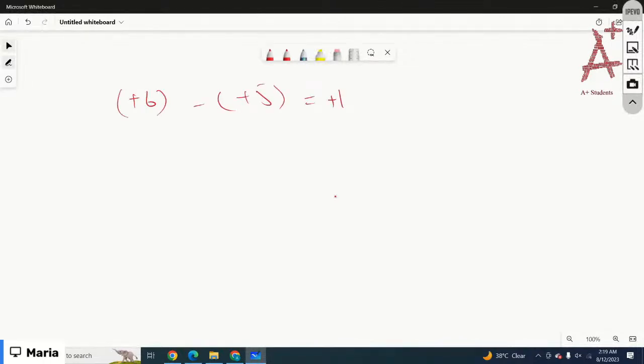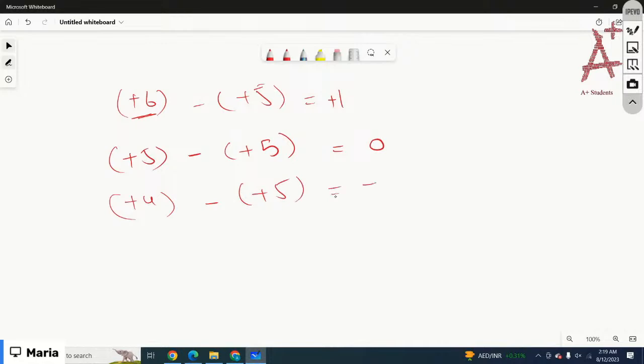You have to start from here. Let's decrease the first integer. Positive 5 minus positive 5 is 0. Then positive 4 minus positive 5, that would be negative 1.